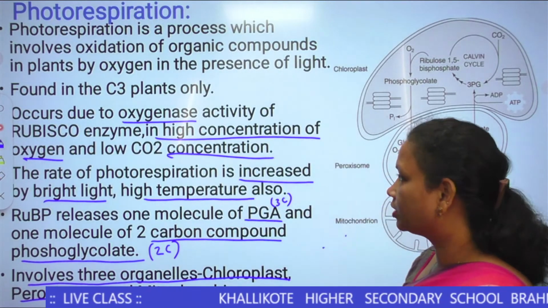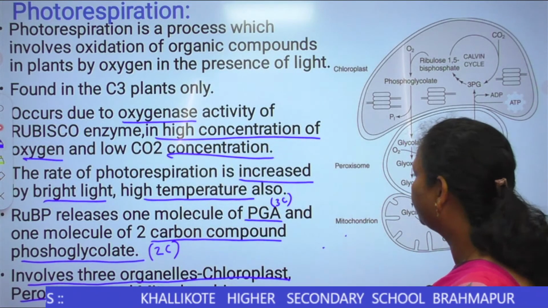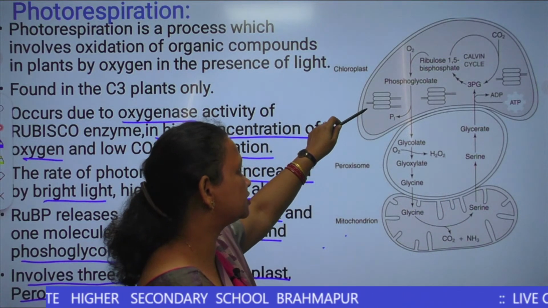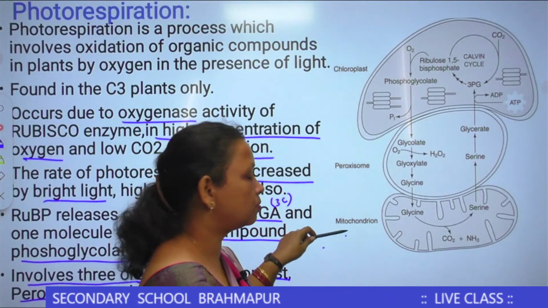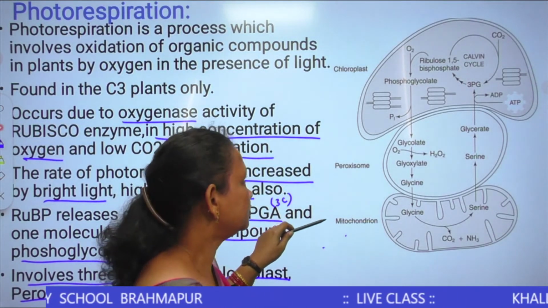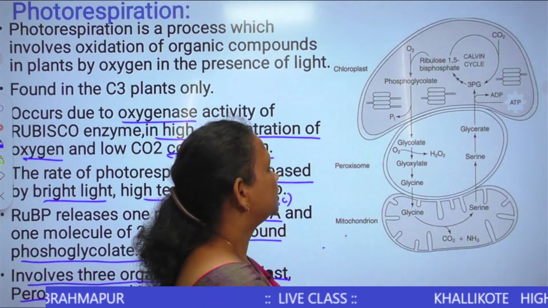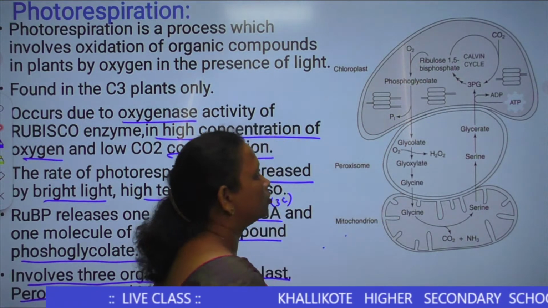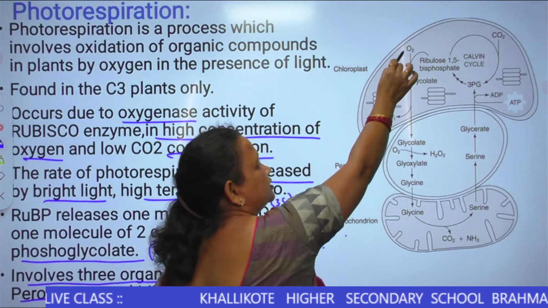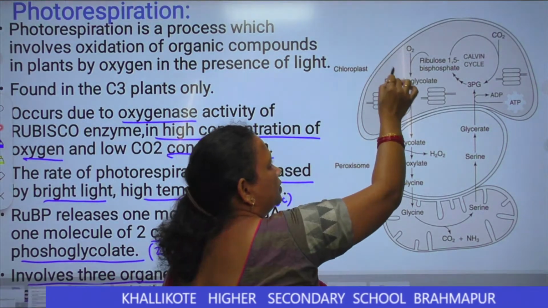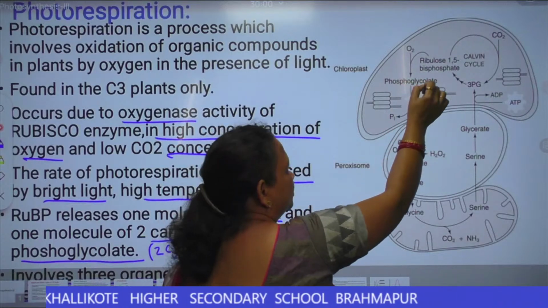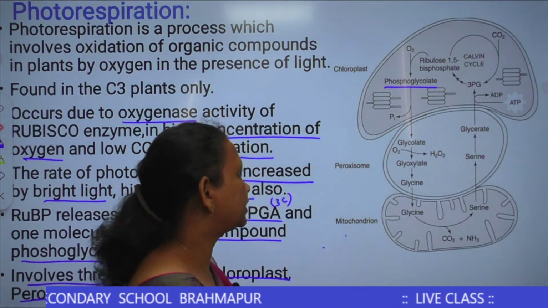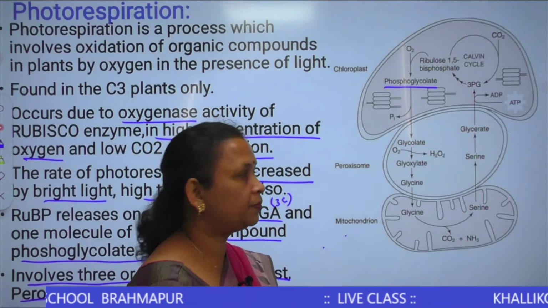So, what actually happens during photorespiration? These are the 3 organelles present: chloroplast, peroxisome and the mitochondria. In the chloroplast, the enzyme Rubisco takes up oxygen, and it gets converted into 2-carbon phosphoglycolate and 1 molecule of PGA.